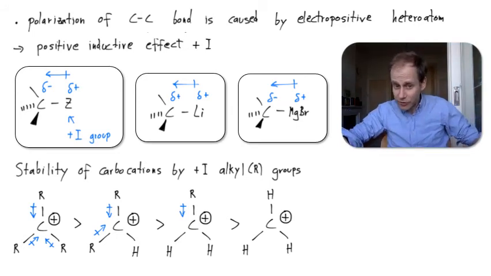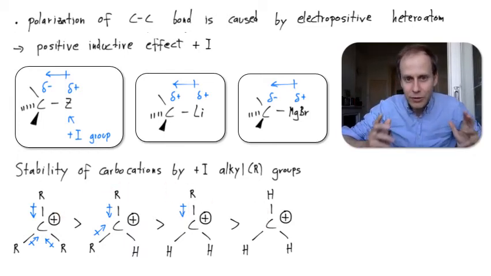And what's interesting to observe is the more alkyl groups the carbocation is connected to, the more stable it is. You see, for instance, the least stable one is the one that has only hydrogens as functional groups on the carbocation, while with increasing amount of alkyl groups you have more stability.